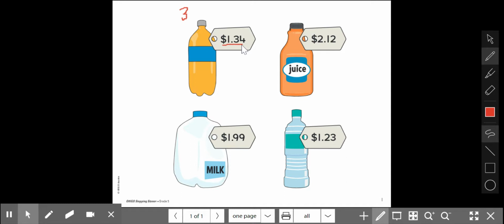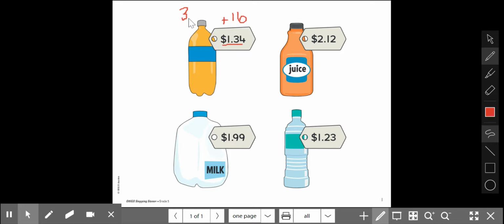And here is where we use that strategy we came up with yesterday. We round this either up or down, not all the way up to a whole dollar amount. It doesn't need to be, but it just needs to be somewhere where it's a little bit easier to do the math. I could go down like to $1.25, but what I think I'm going to do is go up to $1.50. So if I go up to $1.50, I'm going to be increasing each one of these by 16 cents.